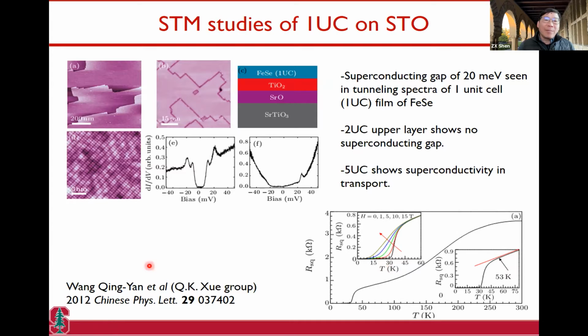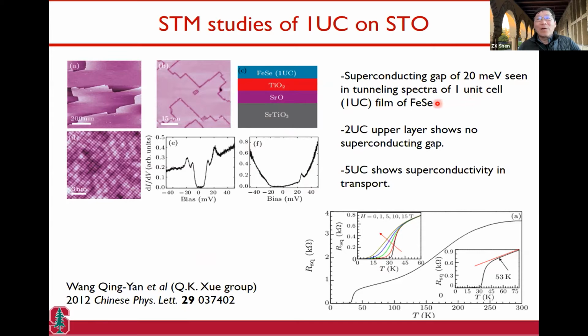We were motivated by the work of Qikun Xue's group at Tsinghua University. In their case, what they find is if you grow iron selenium one monolayer on top of strontium titanate, this system actually has a gap of about 20 millivolts.